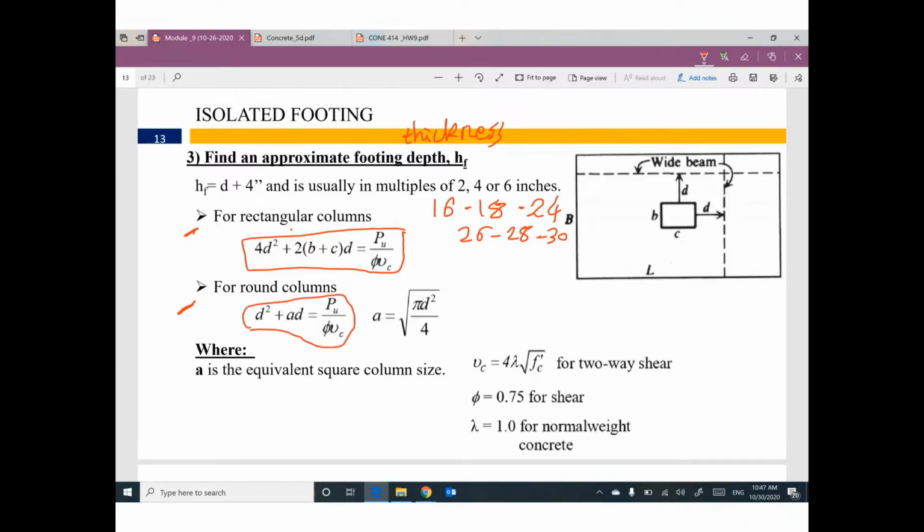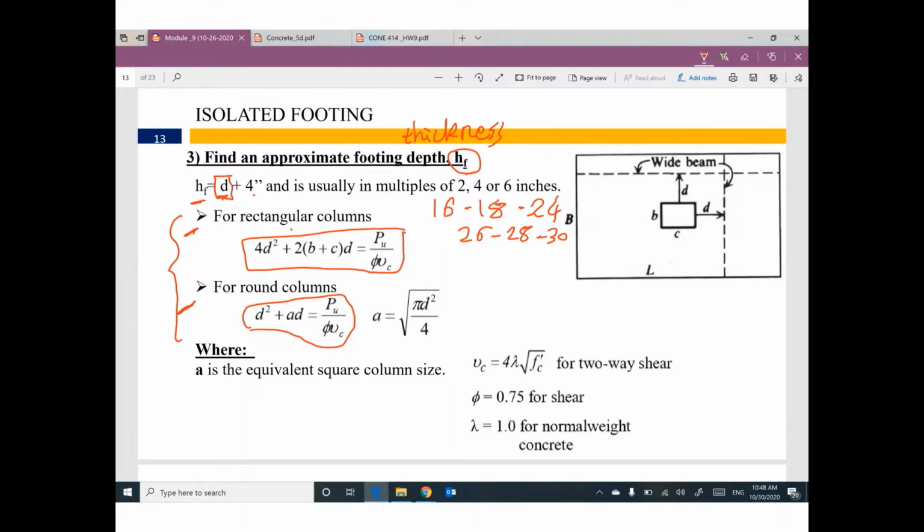I'm talking about this depth. If you can get a depth, add 4 inches to this depth to figure out the total thickness. If you don't like to use these two guides, okay, go ahead and assume your thickness like we did in strip footing.